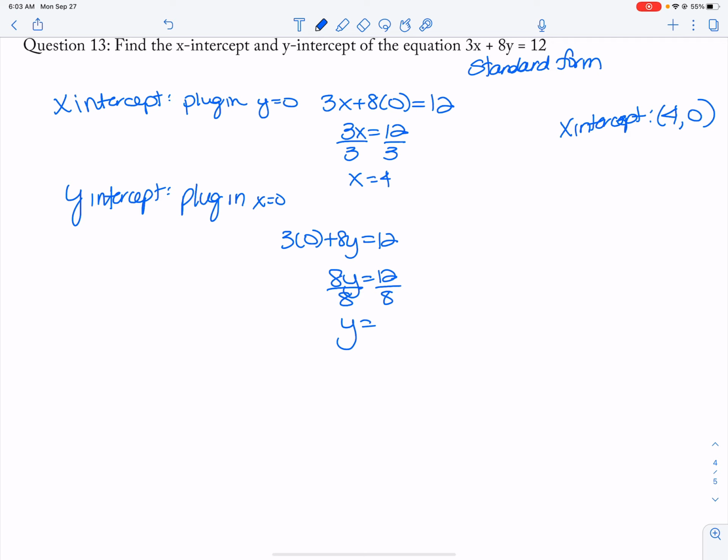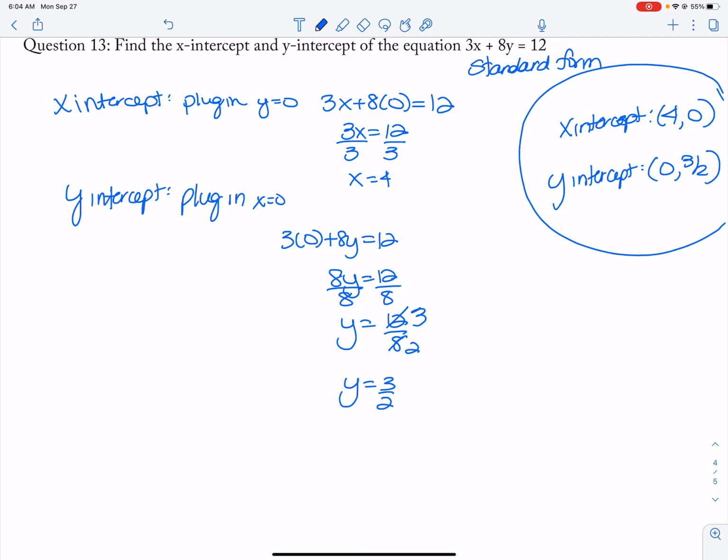So I get y is equal to 12 over 8, which both of them are divisible by 3. I'm sorry, both of them divisible by 4. So then I get 3 and 2. So y is equal to 3 halves. So my y-intercept is 0, 3 halves. Okay, and that is it for this section.